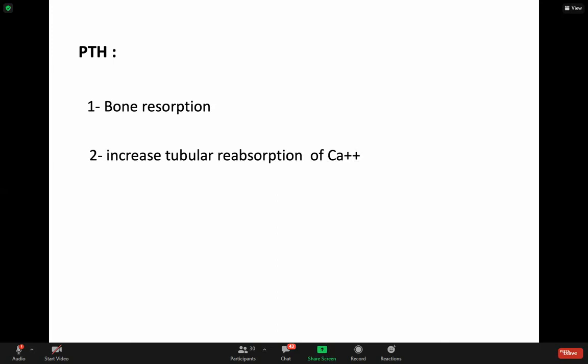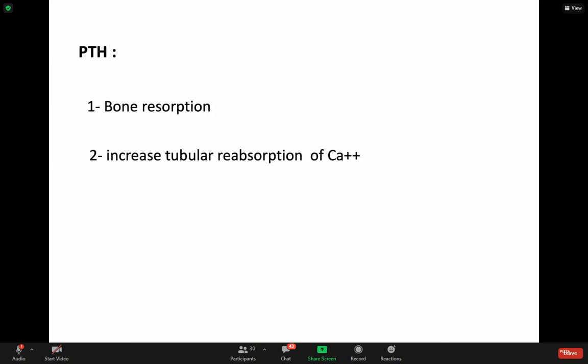When you have low calcium, the parathyroid gland senses it and releases the parathyroid hormone. The parathyroid hormone mobilizes the calcium from the bones, the reserve, to the blood, and also will increase reabsorption of the calcium from the tubules. This is what should normally happen. But when you have advanced kidney disease, do you think the reabsorption of the calcium from the tubules will be okay? No, I'm not expecting that.